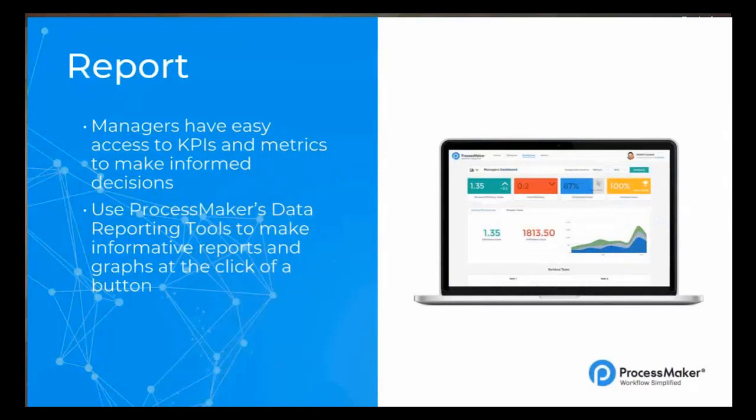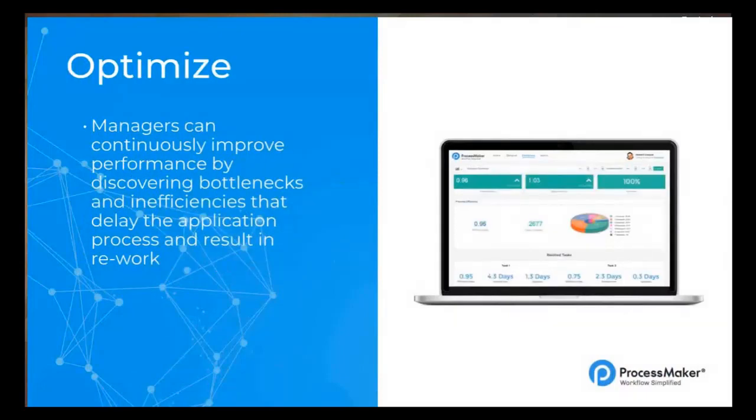So users can create a variety of graphs with data from report tables in ProcessMaker. So using ProcessMaker, managers can continuously improve performance by discovering bottlenecks and inefficiencies that delay the application process and result in rework. So once any inefficiencies are found, process designers can go back to the process map and immediately make any necessary changes.